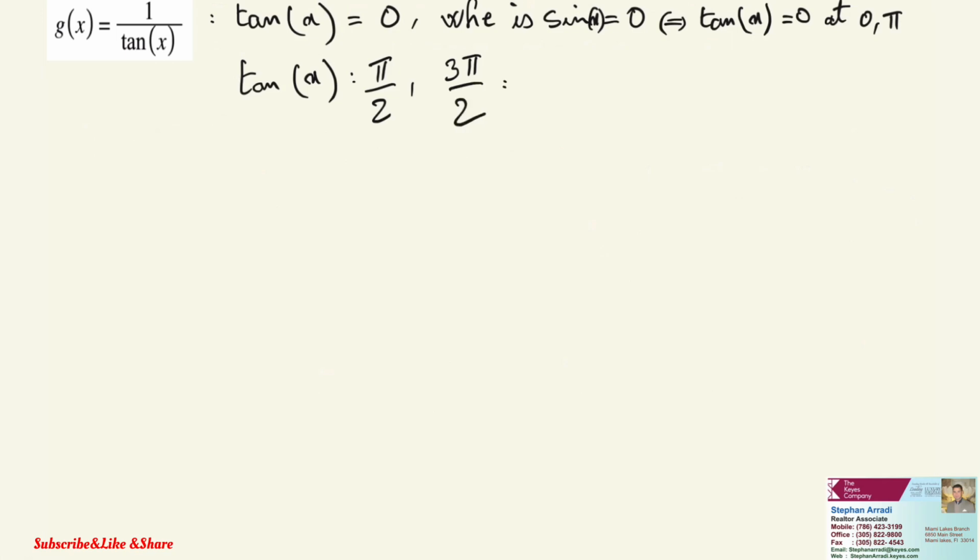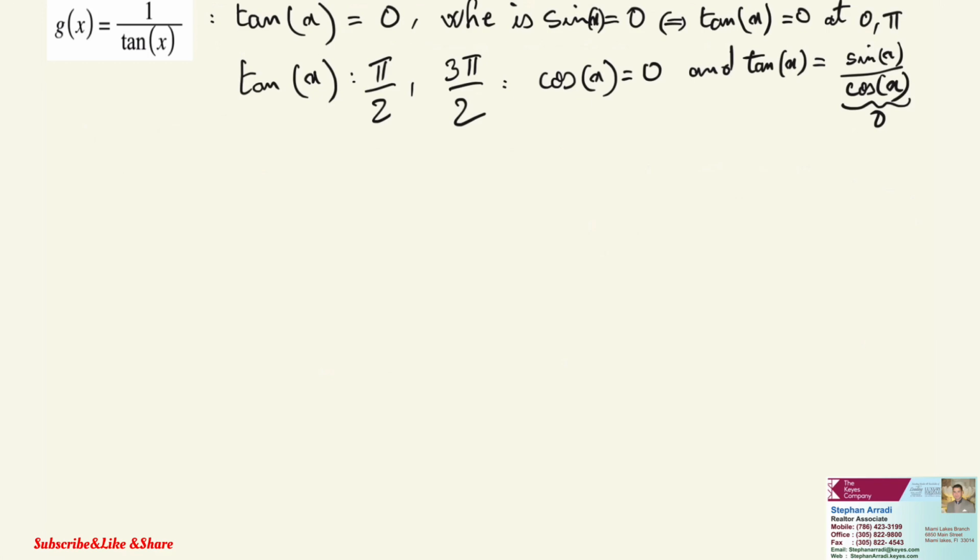Why? Because the cosine of x is equal to 0 at those points, and tangent of x is equal to sine of x over cosine of x, and this can't be 0. Therefore the tangent is undefined at that point. So let's see what is the domain.